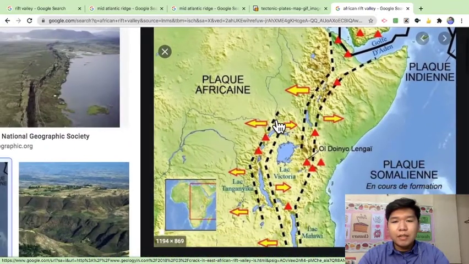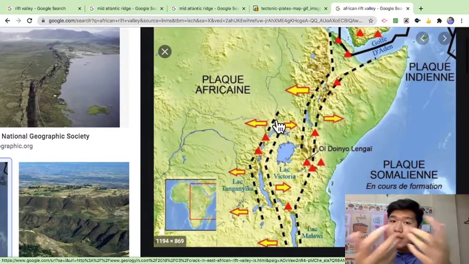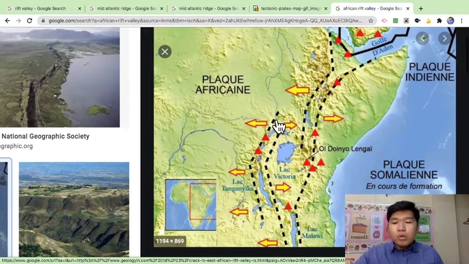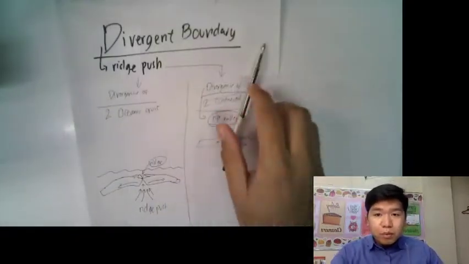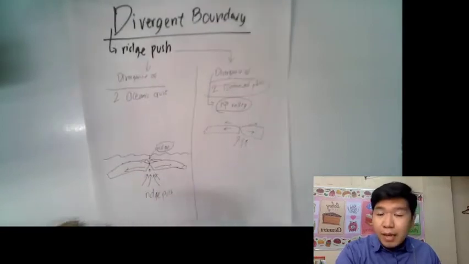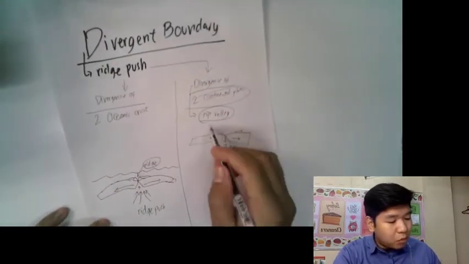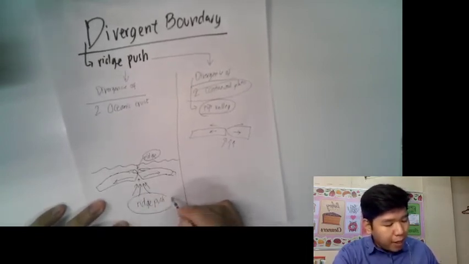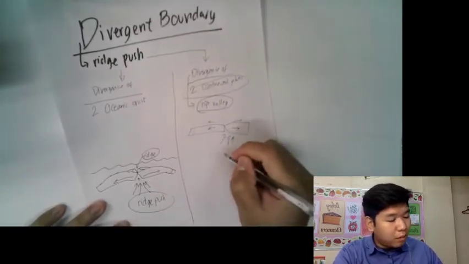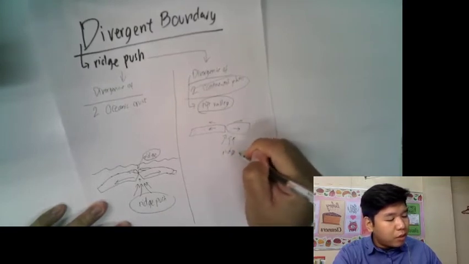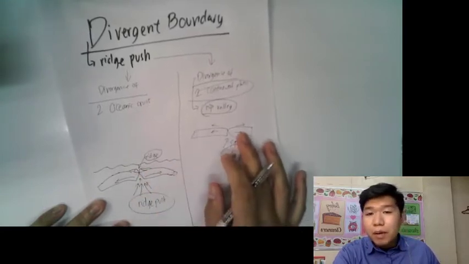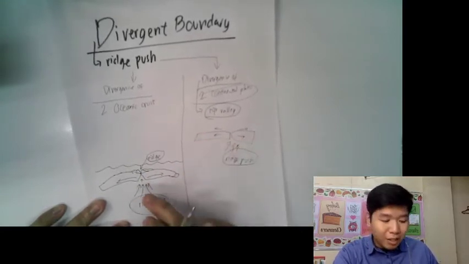So this is what is formed due to the divergence of two plates. The divergence of two oceanic plates will produce a ridge, and the divergence of two continental plates produces a rift valley. How are they formed? They are formed by the force called ridge push, which pushes the two tectonic plates away from each other.